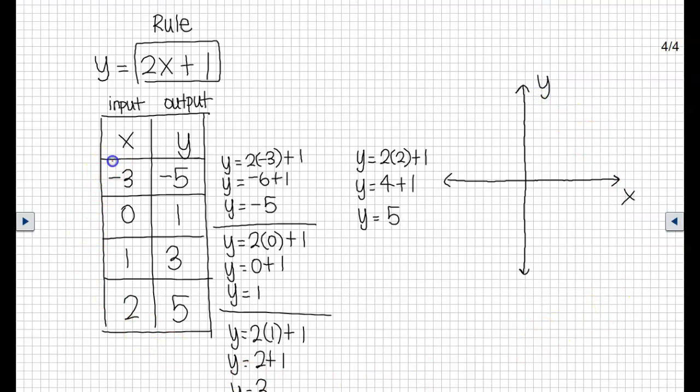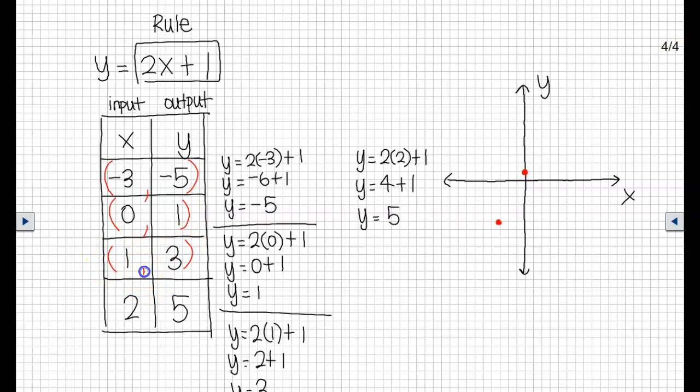First ordered pair is -3, -5. So on the x-axis we're moving left 3, and on the y-axis we're moving down 5. Yeah, I counted that right. Okay, second ordered pair is 0, 1. So on the x-axis we're not moving, but then on the y-axis we're going up 1 in the positive direction. 1, 3.